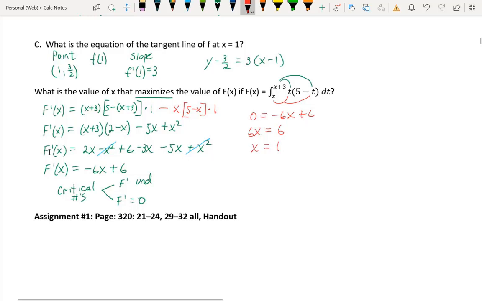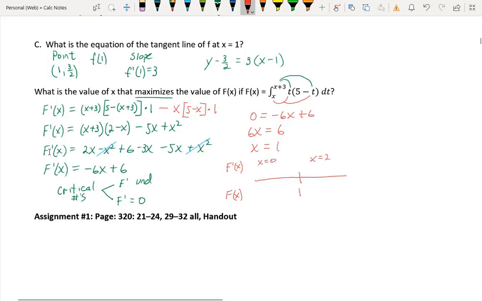All right? So I'm going to set up my number line just like we always do. And we're going to put 1 here. This is f prime of x. It's going to tell us what f of x is doing. So to the left of 1 I'm going to do x equals 0 and x equals 2.